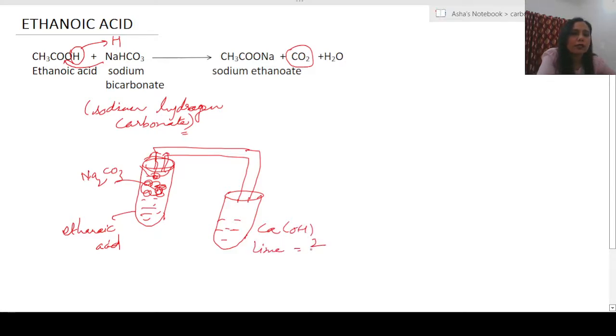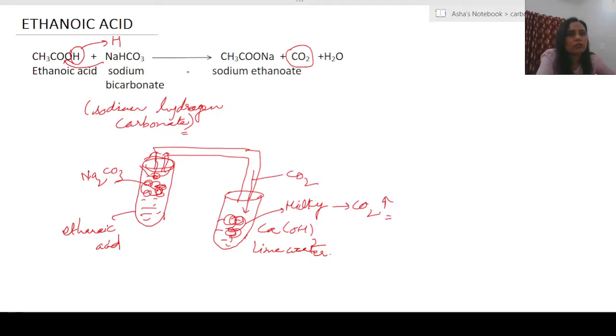The incoming gas, if it makes the lime water milky, then it is a test that carbon dioxide gas is evolved, or that this incoming gas is carbon dioxide. So this reaction is also used as one of the tests for the presence of ethanoic acid, basically, that ethanoic acid can be made to react with sodium hydrogen carbonate, or with sodium carbonate.